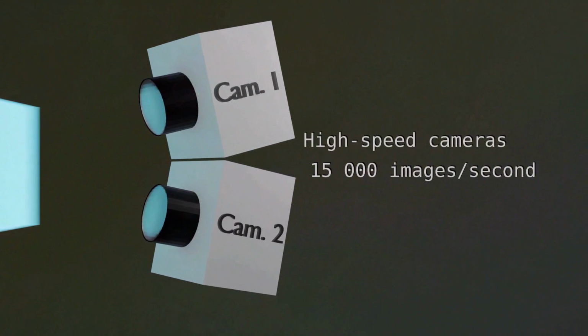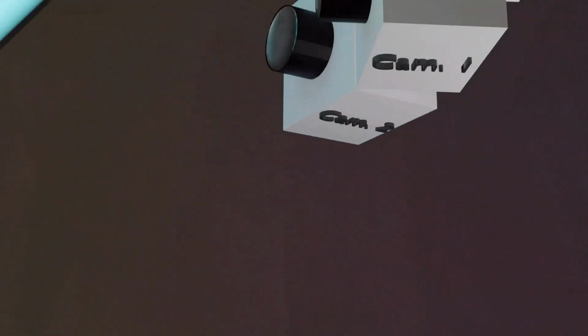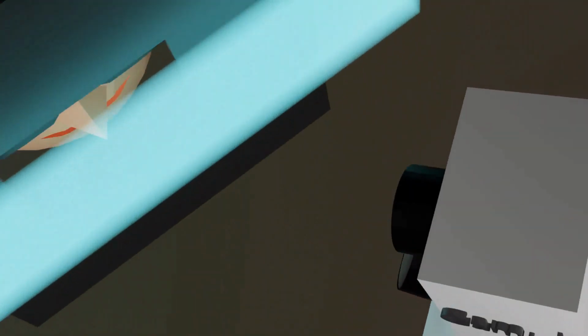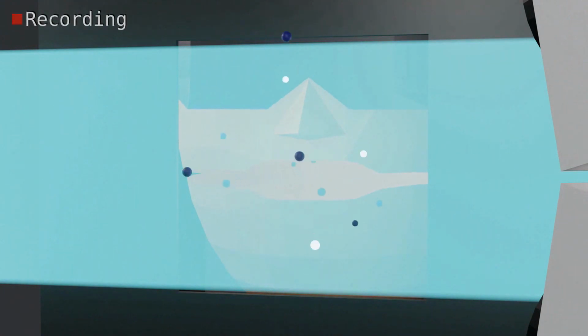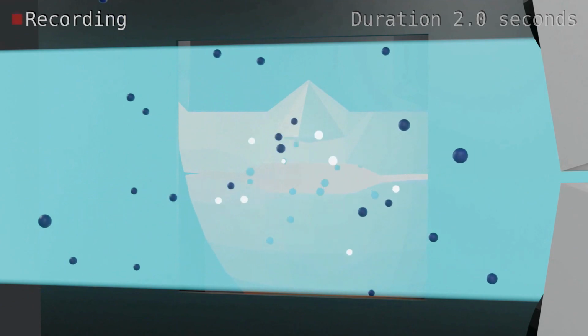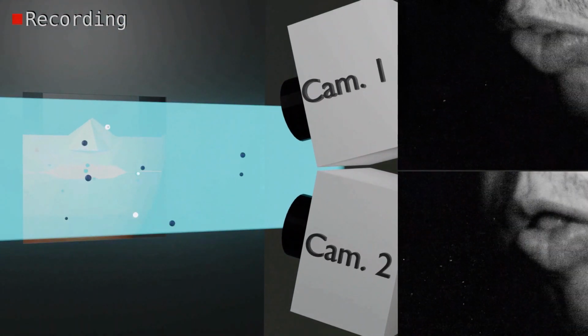We're recording 15,000 images per second. In addition, we are detecting in the semi-forward direction, 52 degrees. And we record over 2 seconds, and we can detect the particles out of the mouth.